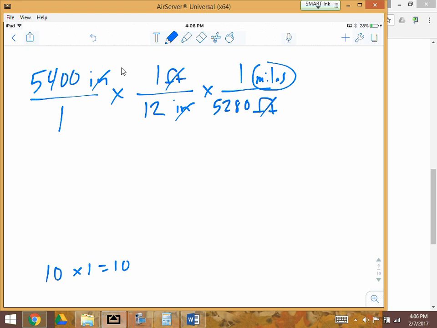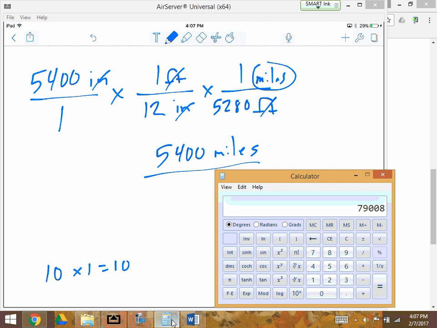So at this point, all I have to do is multiply 5,400 times 1 times 1. Well, that's 5,400, okay, and that'll be miles. And right now, we have 1 times 12 times 5,280. So I'm going to get my calculator out. So we have 12 times 5,280, and then of course we have times 1 also, but that won't do much. So we have 63,360.